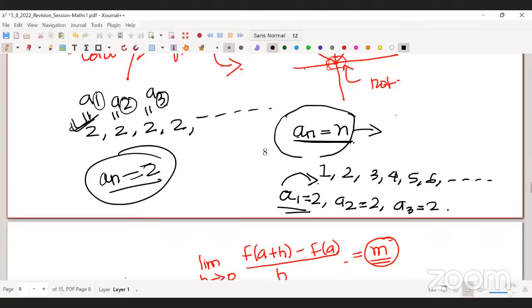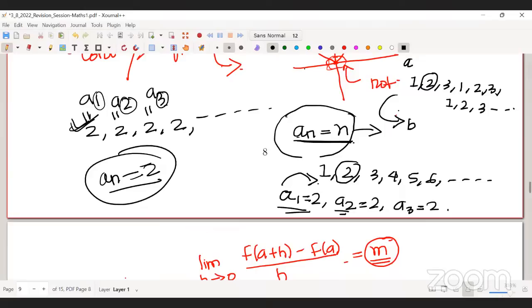See, the first term is 2, right? Then for the next term you have to take a term which is coming after 2. You cannot repeat something. Say you take the sequence 1 2 3 1 2 3 1 2 3, like this, and you take some subsequence b_n of it.